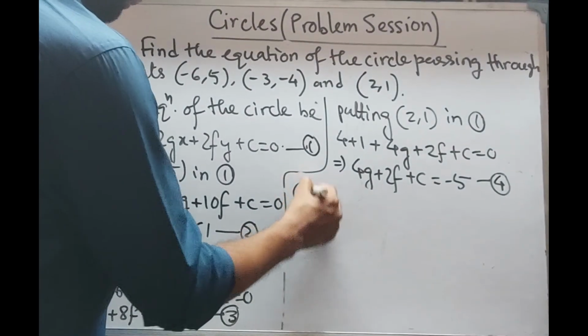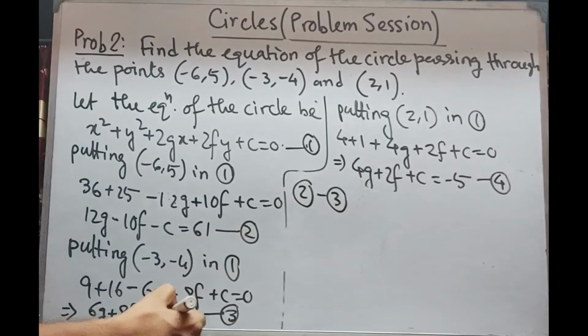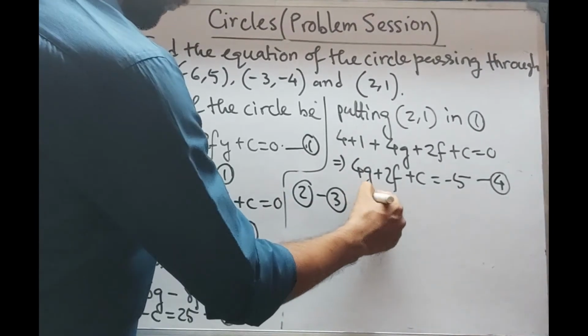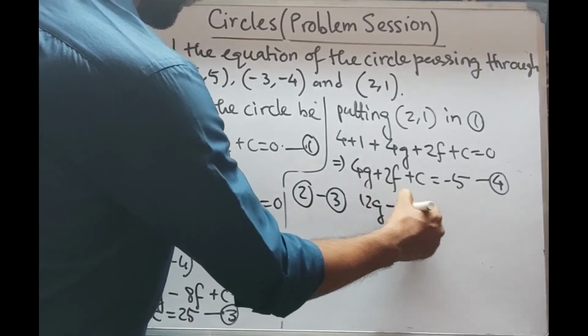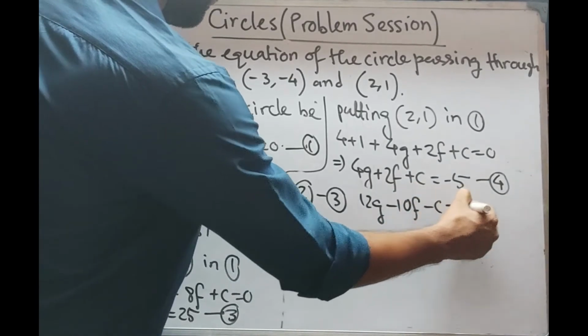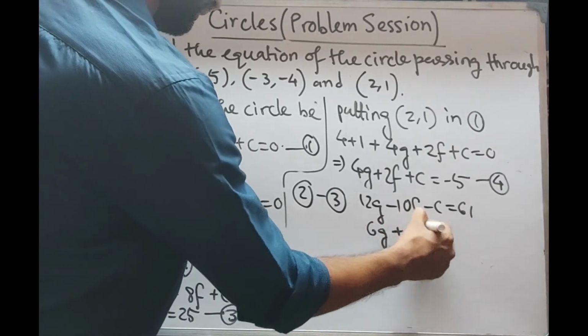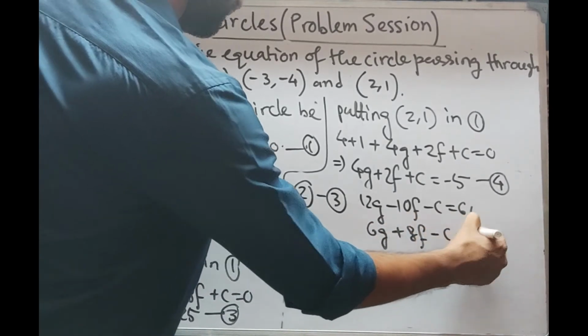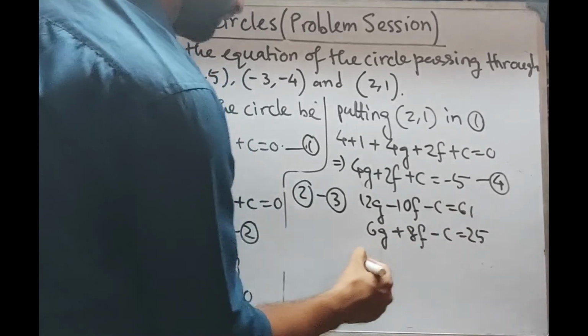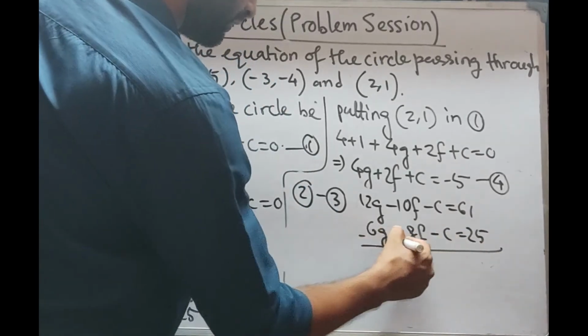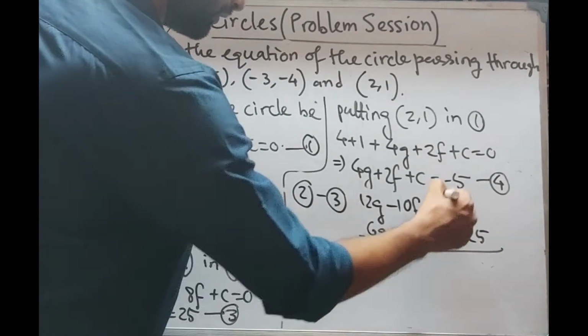So 2 minus 3 is giving us 12g minus 10f minus c equal to 61 and 6g plus 8f minus c is equal to 25. So we are subtracting. So c is cancelled out.